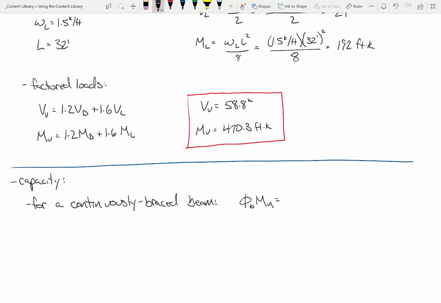Is that what we said? So phi Mp, which is what? Phi Fy Zx. That's what we discovered in our last lecture, right? So, does anybody remember what phi is for beams? 0.9, 50 ksi. And what was the Zx? 144.